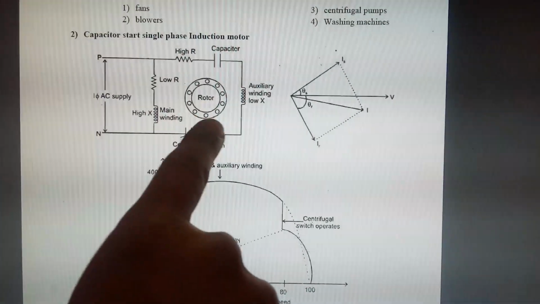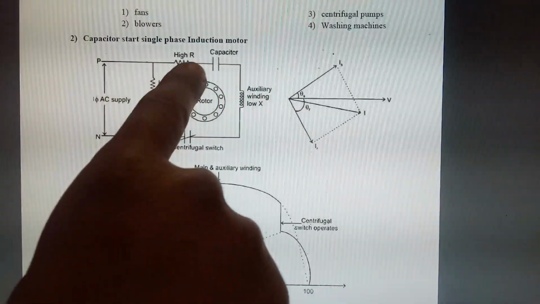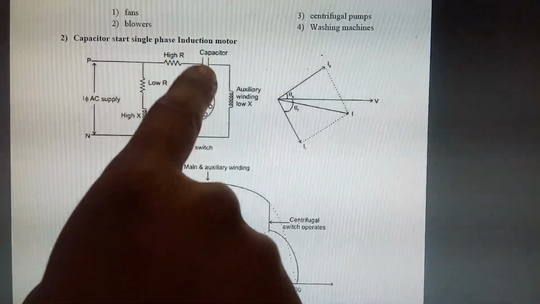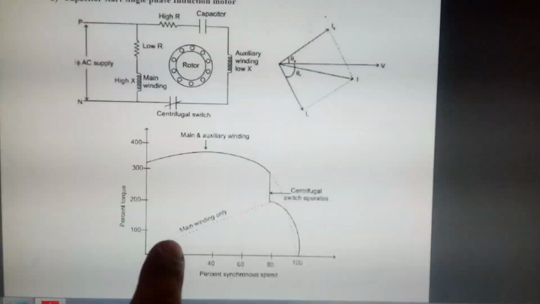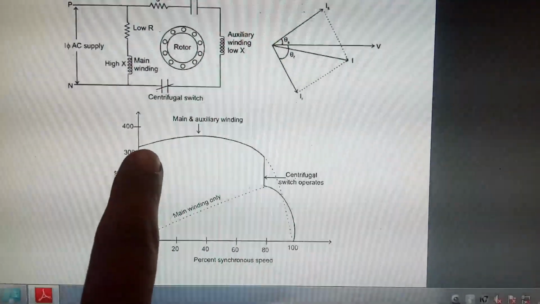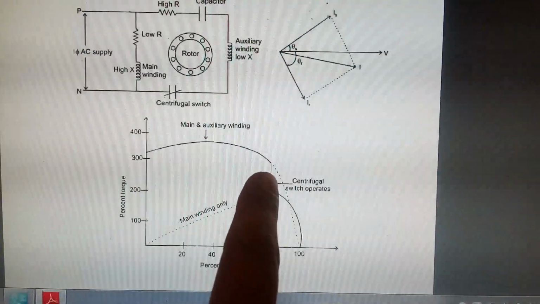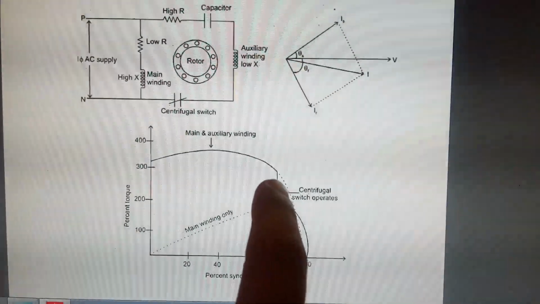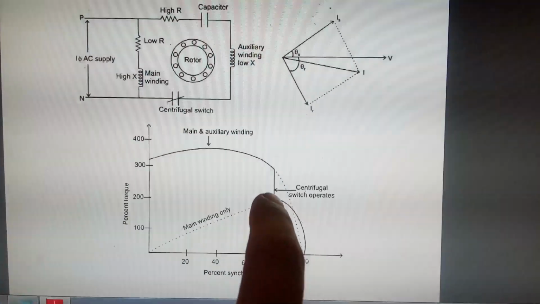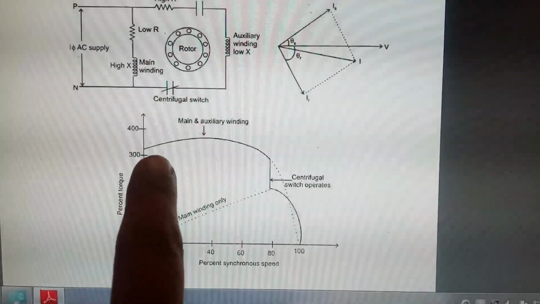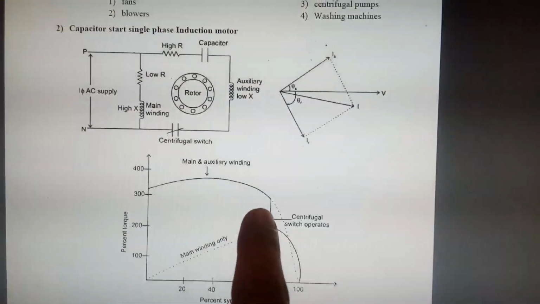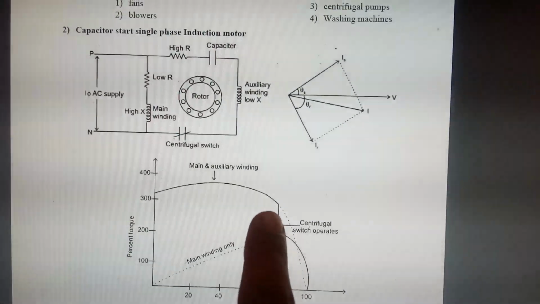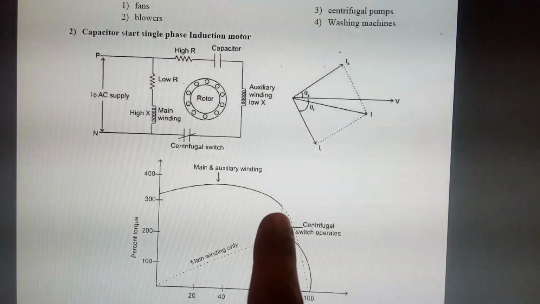The rotor rotates with the capacitor included. Because the capacitor is included, the starting torque will be much higher than in the previous method. With the main winding and auxiliary winding including capacitor supply, the motor reaches maximum starting torque at the time of starting, and reaches 75 percent of speed.